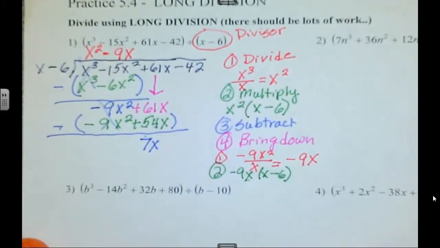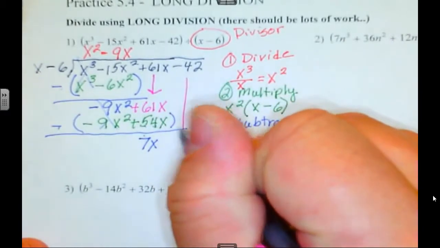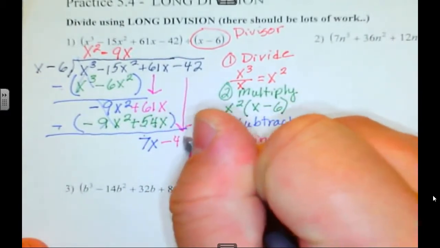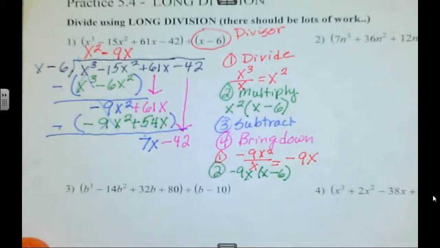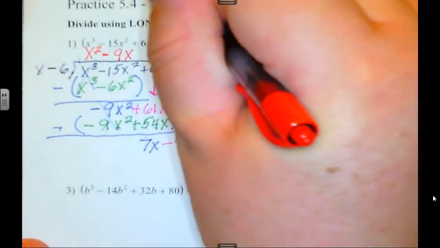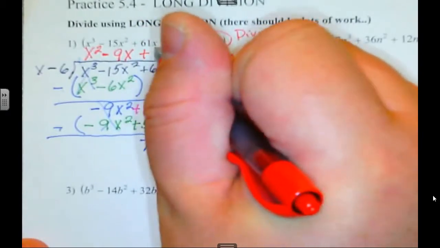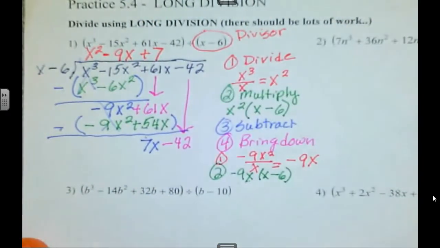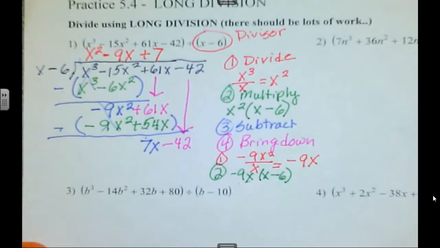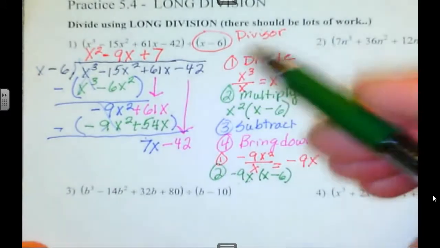Bring down. And then start over again. Divide. Let's see, I'm going to take 7x, divide by x, gives me 7. Okay, multiply.